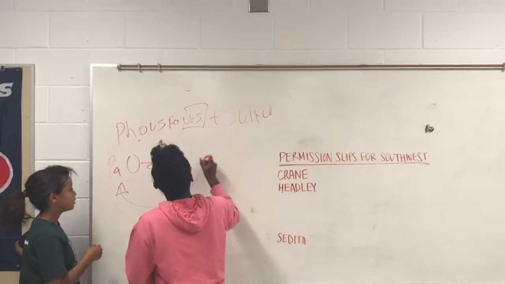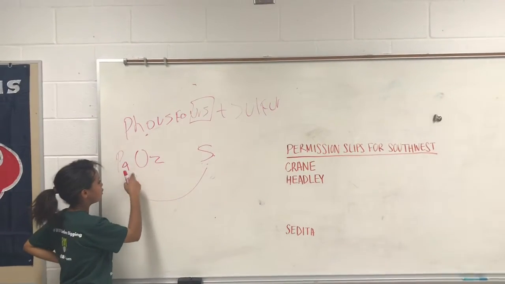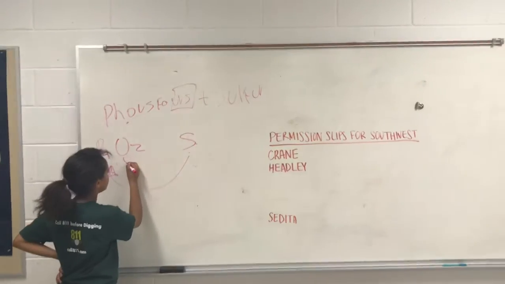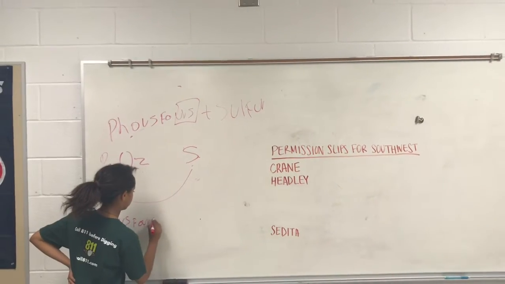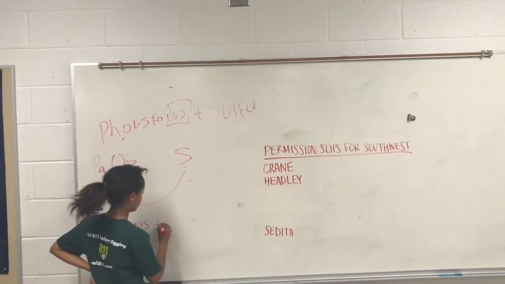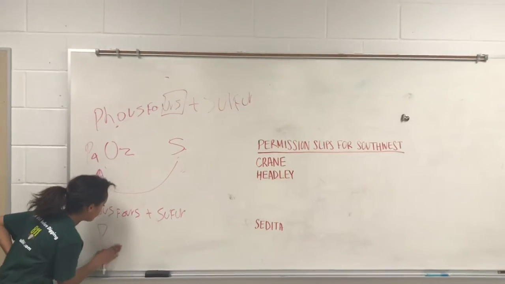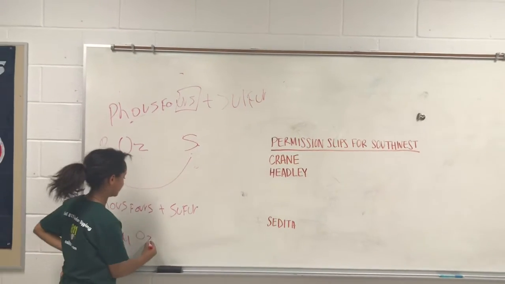And sulfur. Okay, so it's gonna be P4, and then S. Phosphorus plus sulfur is P4 and 2.